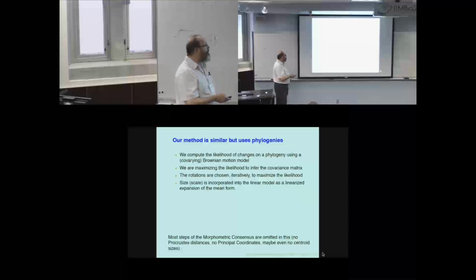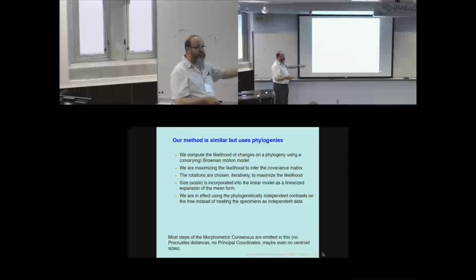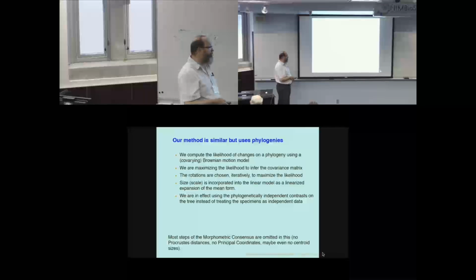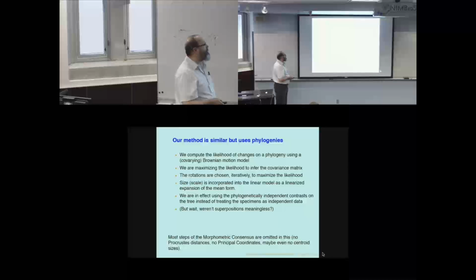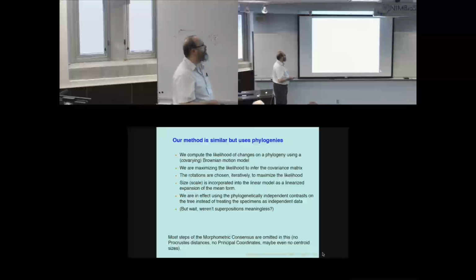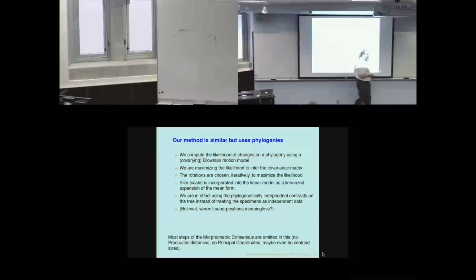Okay, now we're going down using the tree to compute the likelihoods, which if you're doing it PGLS, you could just do it directly, or you can do it by contrasts. Same difference, it won't make any difference which way you do it. Now, we did this with a superposition by superposing everybody on the centroid, which is what Procrustes also does.